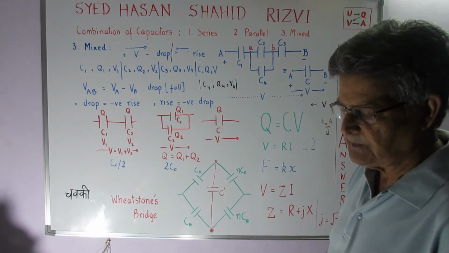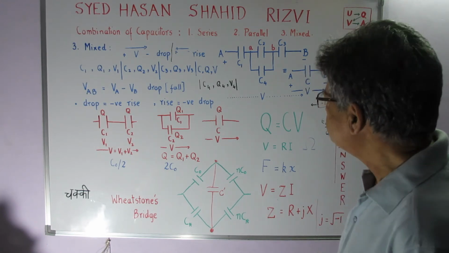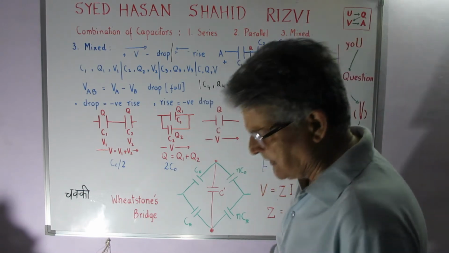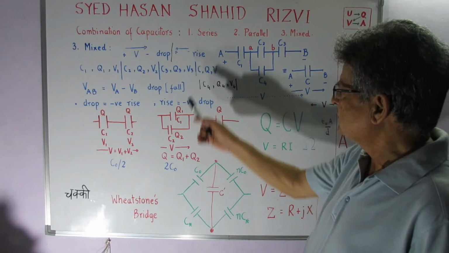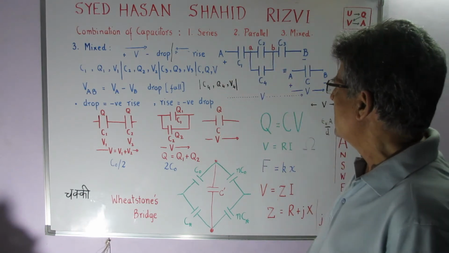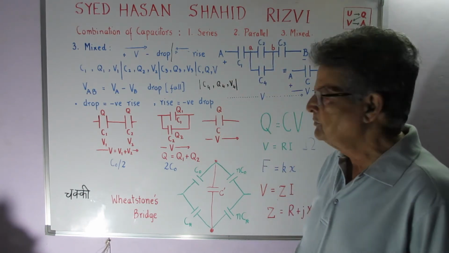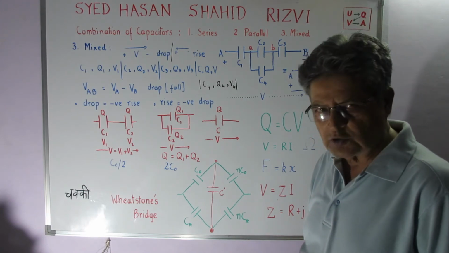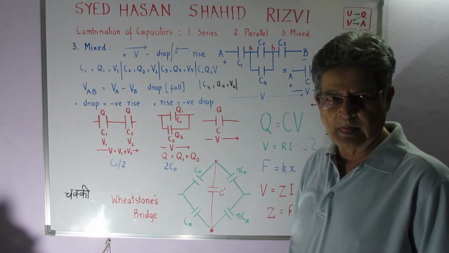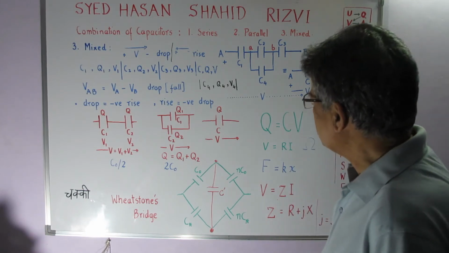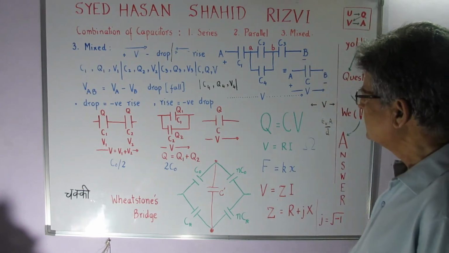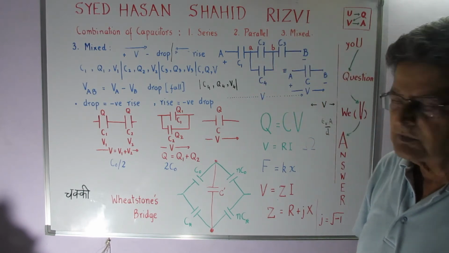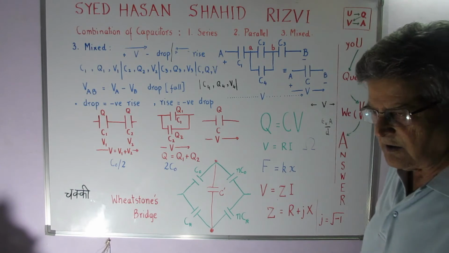Okay, friends. Now, more often than not, if you just have a look at this kind of structure that I have shown over here, then suddenly it comes to your mind, to the simple people like you, that C1, C2 and C3 are in series and this C4 is in parallel.